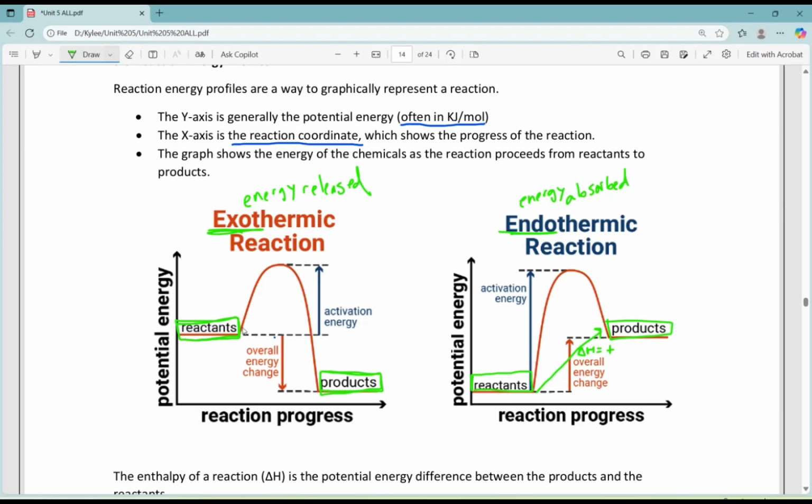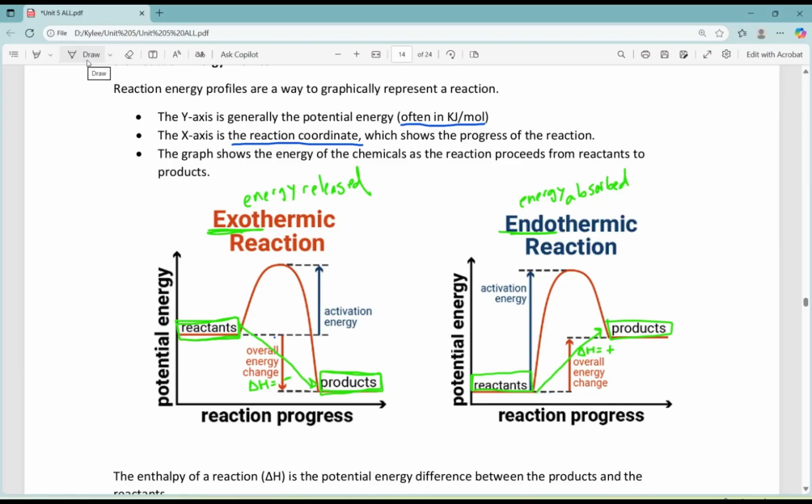But when I look at the one on the left that's exothermic, I'm starting high and ending low, and that difference, that delta H value, is going to be negative, because that difference in energy has to be energy that gets released.